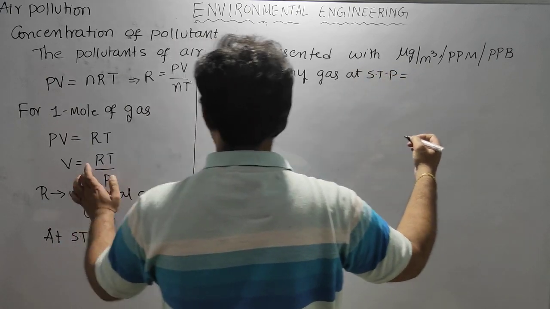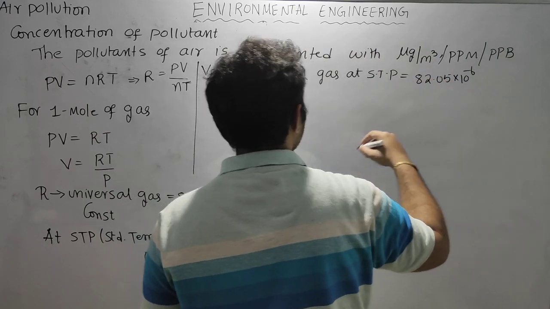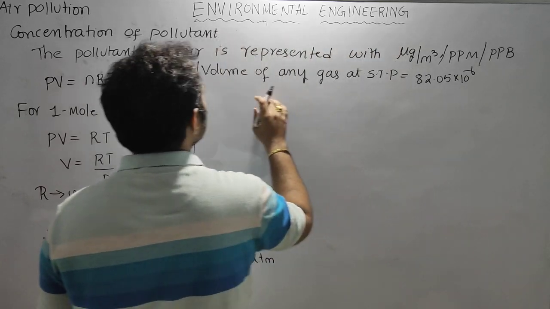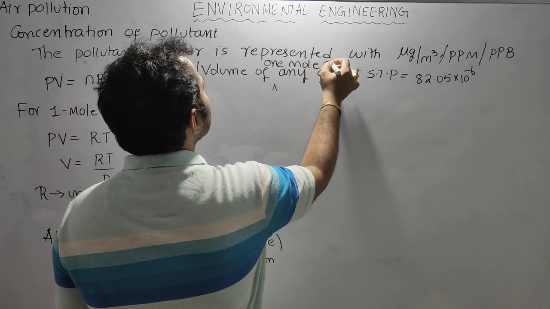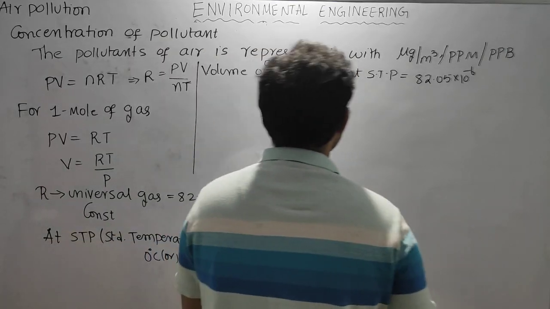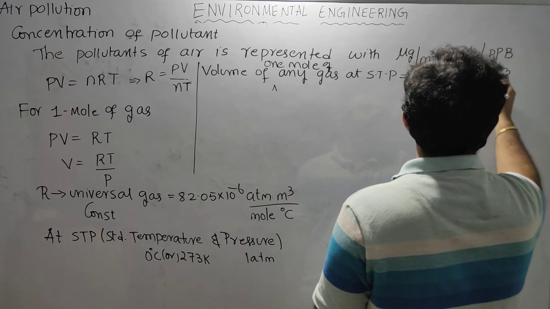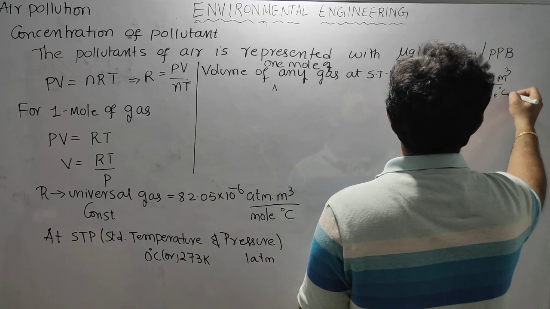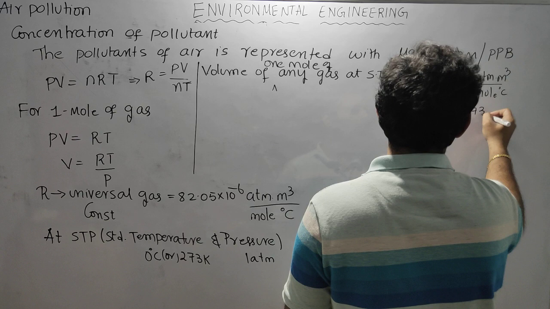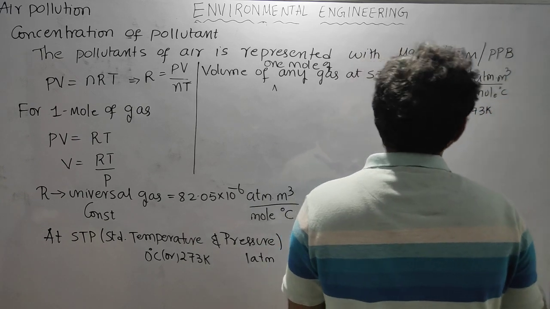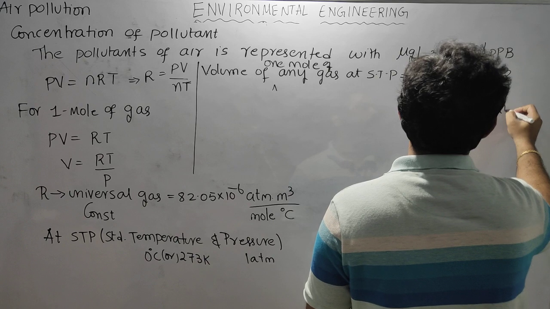That is, the volume of 1 mole of any gas at STP is equal to 82.05 into 10 to the power of minus 6 atmosphere meter cube by mole degree centigrade, multiplied with 1 mole, temperature 273 Kelvin, and 1 atmospheric pressure.